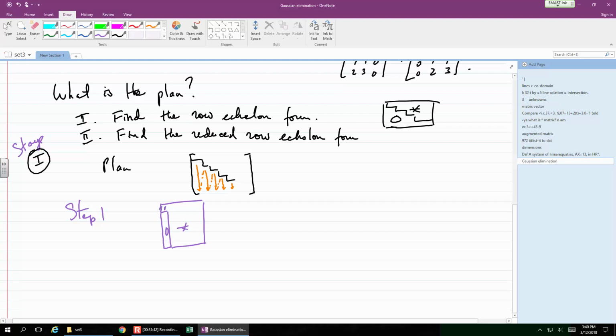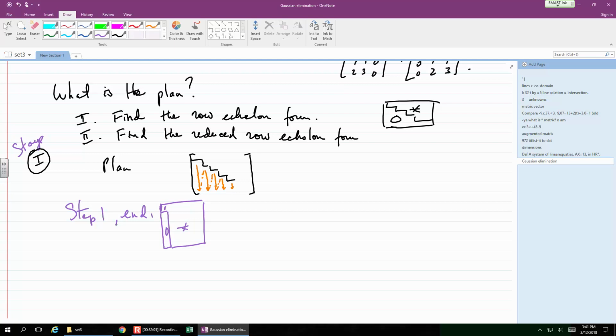So you end up with possibly ugly numbers, but that's okay. So that's what we're trying to have at the end of step 1: the very first column becomes 1 followed by zeros.